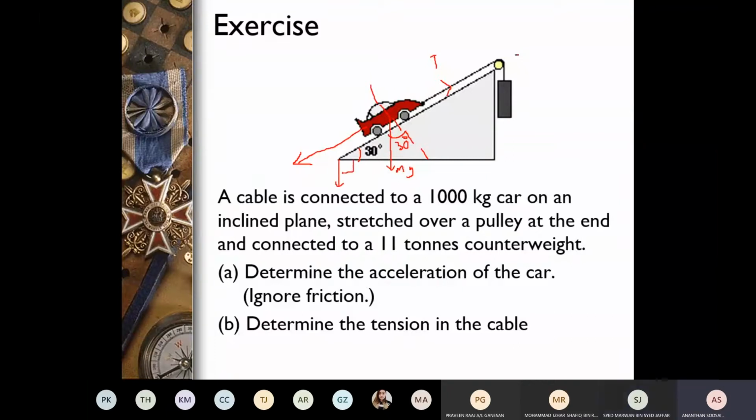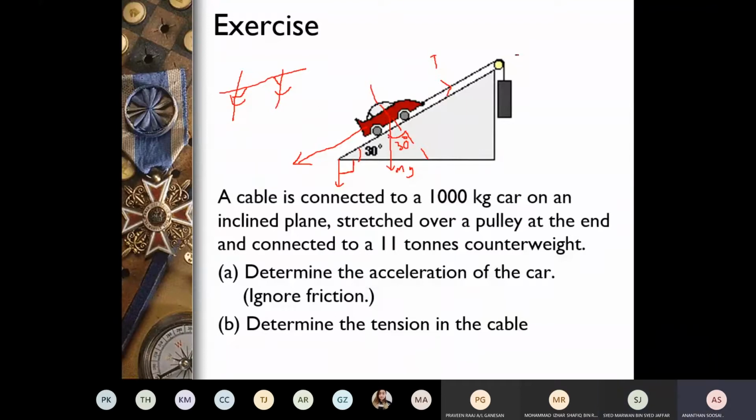This angle is how much? 90 degrees. You remember in your early studies, the internal angle of two parallel lines should be how much? 180, right? So here already 90.